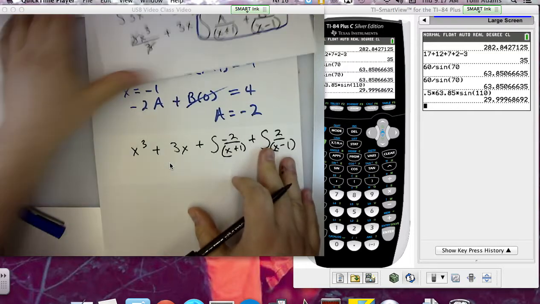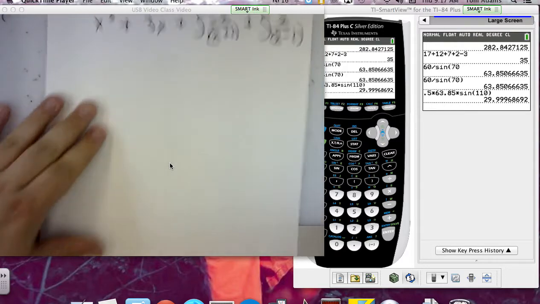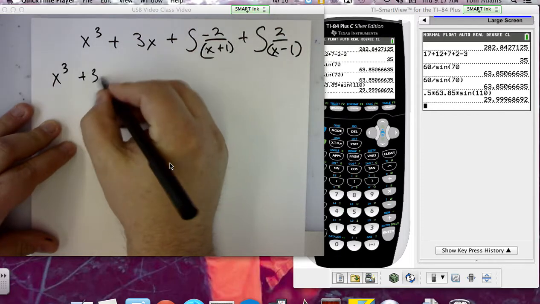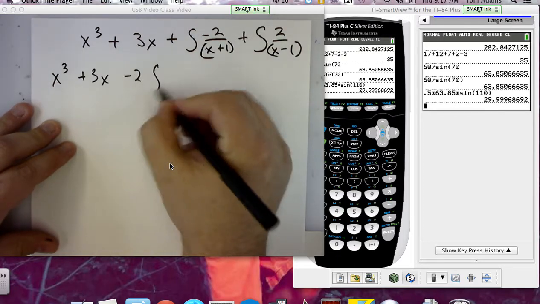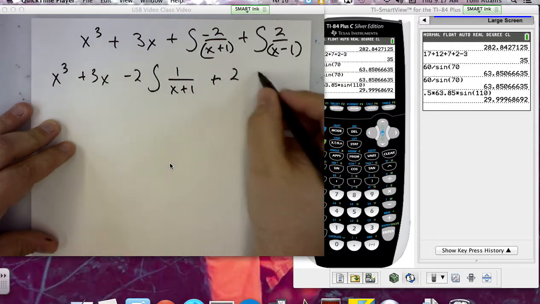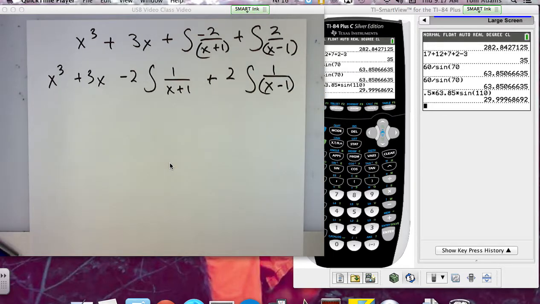If I toss the 2 to the front on the integrals, which I can because of the properties of integrals, in my next line I get x cubed plus 3x, and then this is minus 2 times the integral of 1 over x plus 1 plus 2 times the integral of 1 over x minus 1. Well, that's the natural log of u, right? So we know that 1 over u, if I take the antiderivative of that, it's the natural log of u, and that's pretty much it.